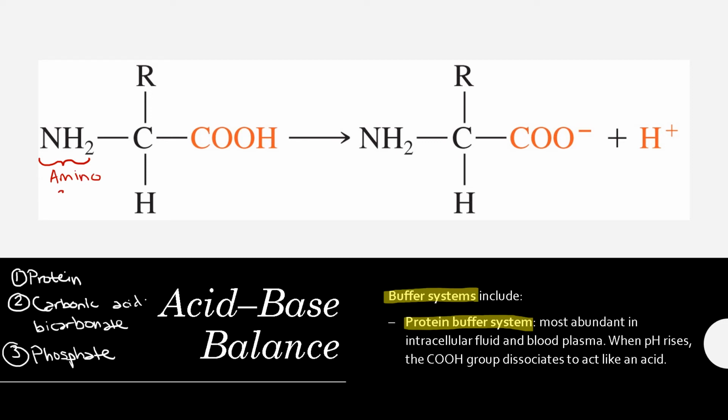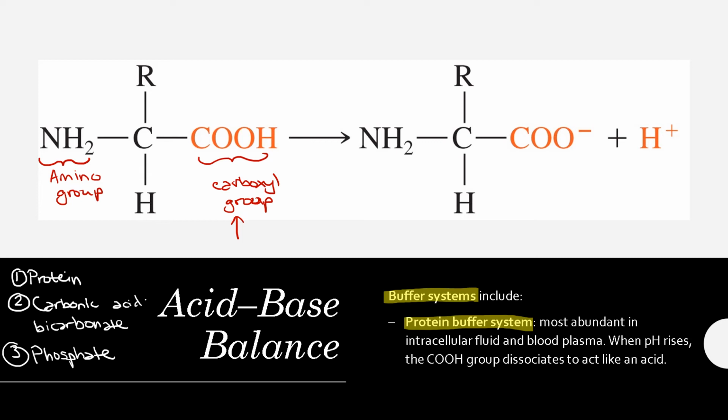So this is the amino group, and then this is the carboxyl group. The one we're going to look at here is the carboxyl group, at least for this slide.